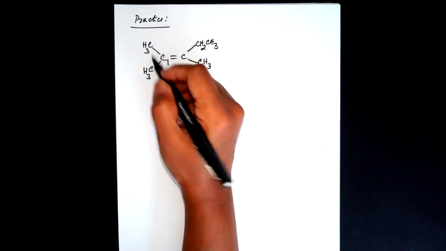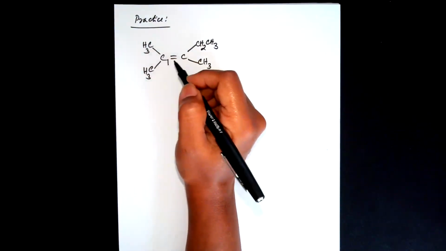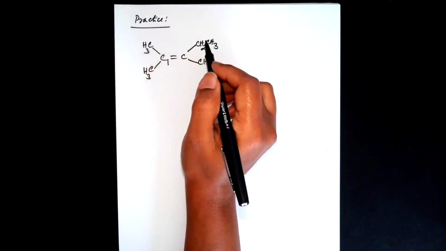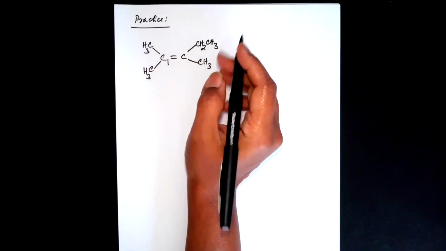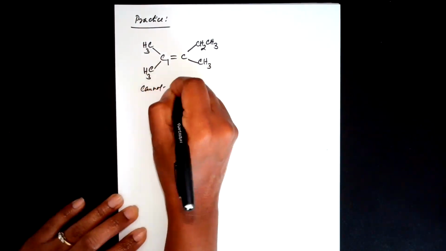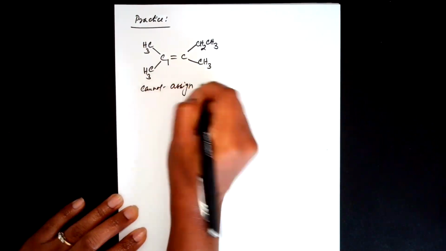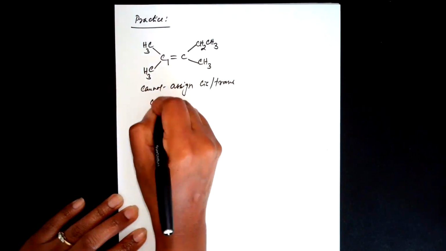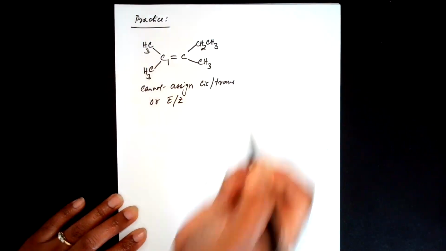So in a case like this, I am not able to assign cis or trans or E or Z. So this cannot be categorized into any one of those types of stereoisomers that you just learned. So cannot assign cis or trans or E or Z.